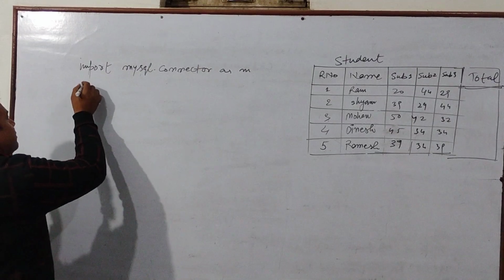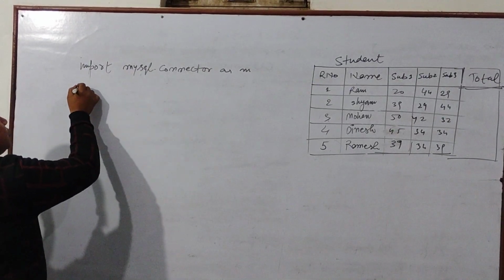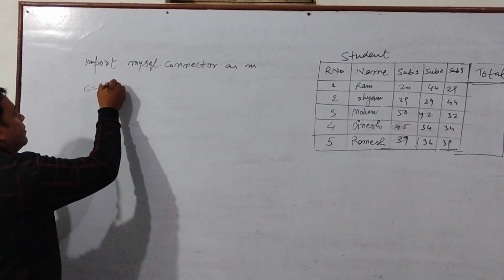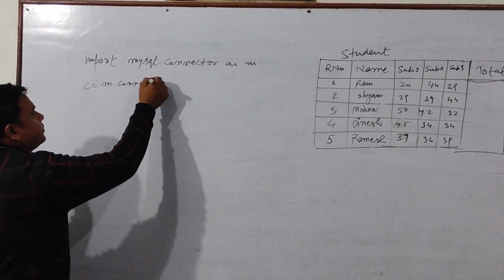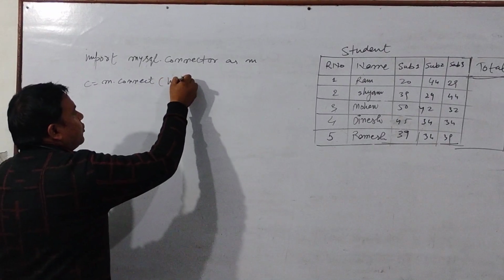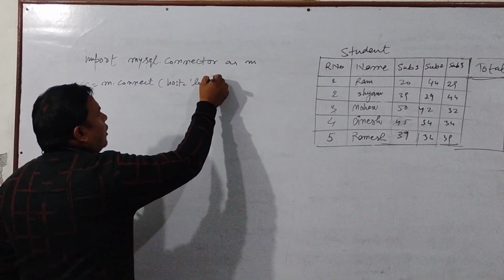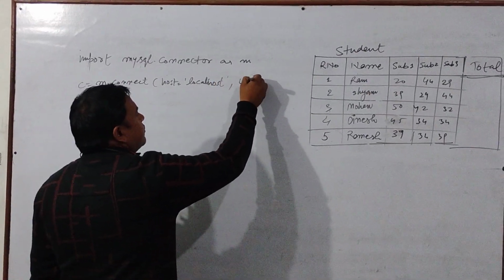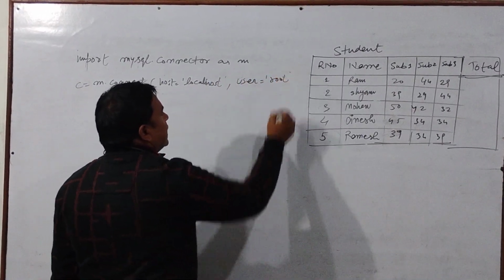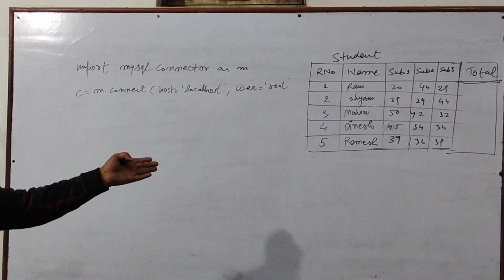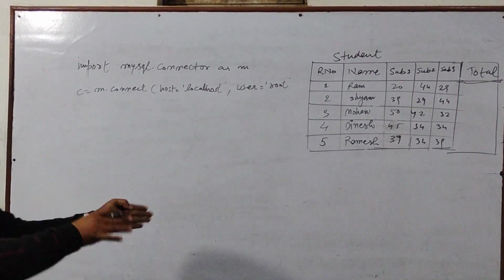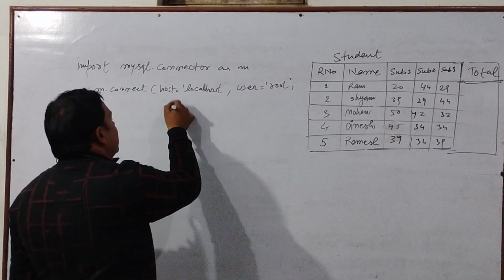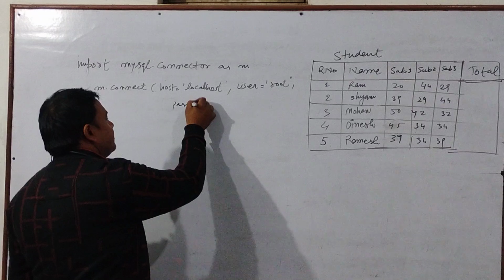Now perform the connection using the same syntax: c equal to m dot connect, host equal to localhost, user equal to root. These are the credentials that are given in the questions. If you go through the board exam, the host name, username and password are already given in the question.